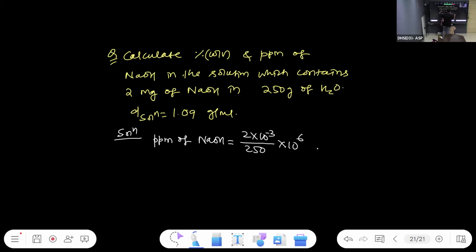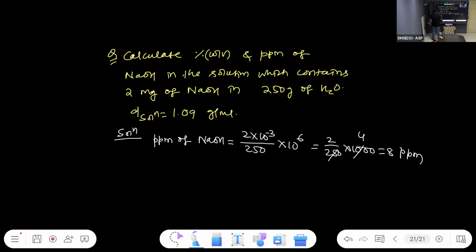Solving, 2 by 250 into 10 to the power 3 or 1000, so this is 4. So 8 ppm. Okay, 8 ppm.